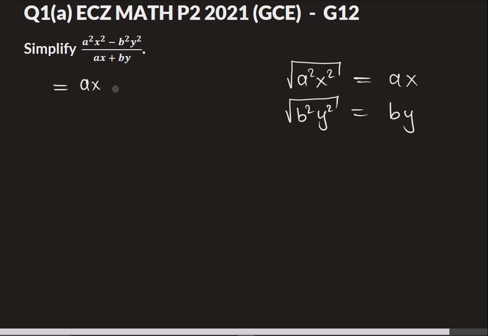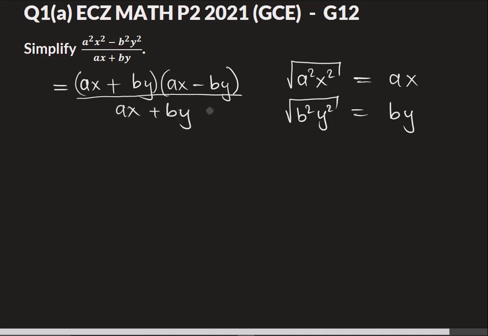We write ax plus by, then multiplied by ax minus by. Always make sure when you write this, for the first few questions, before you get comfortable with expressing using the difference of two squares, test to make sure I have not made any mistake.